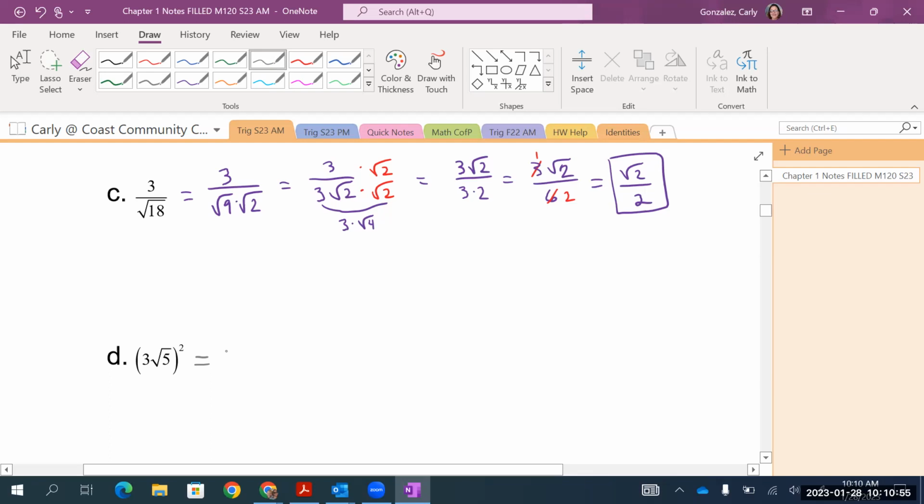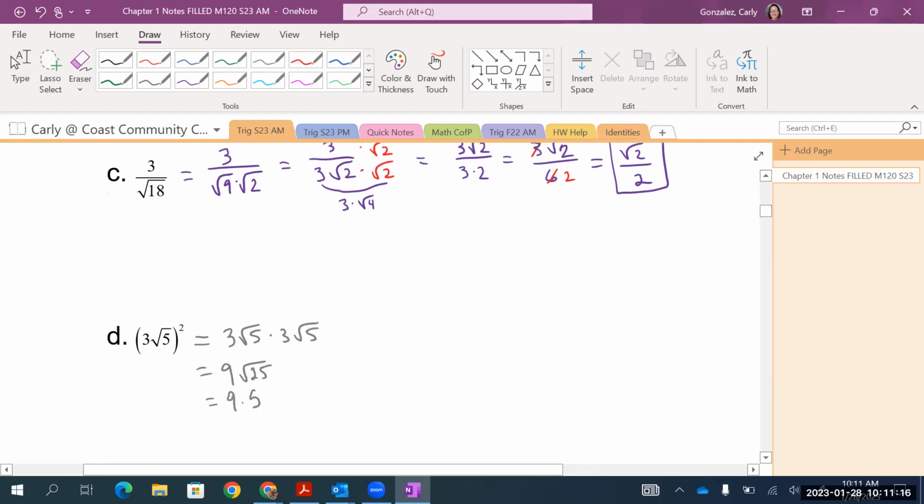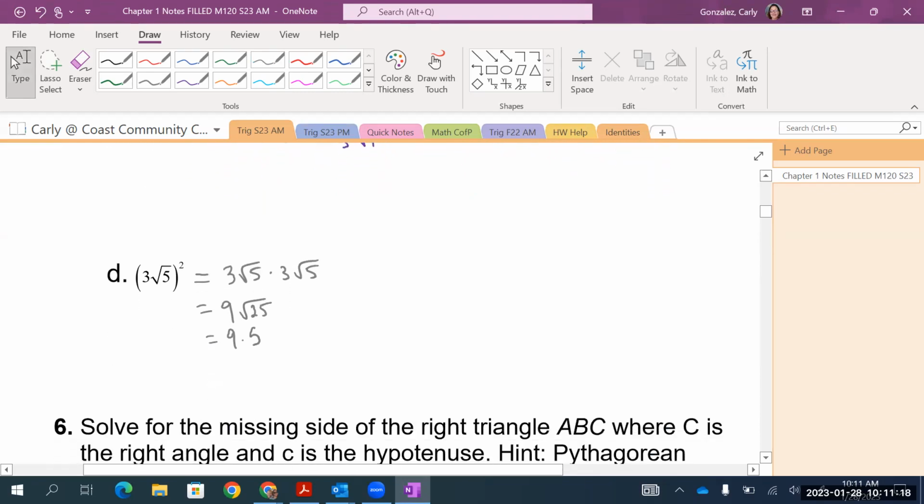So I could just multiply 3 rad 5 times itself, times another 3 rad 5. That's one option. So 3 times 3 is 9. Rad 5 times rad 5 is rad 25, or the square root of 25 is 5. So I get 9 times 5, which equals 45.